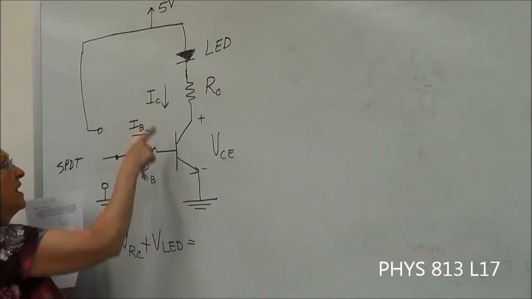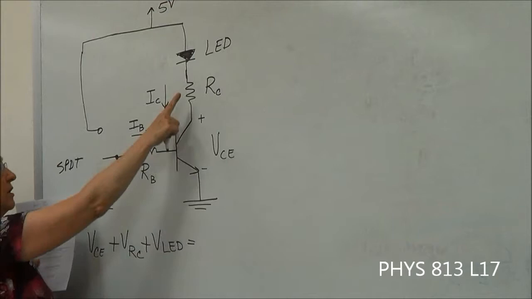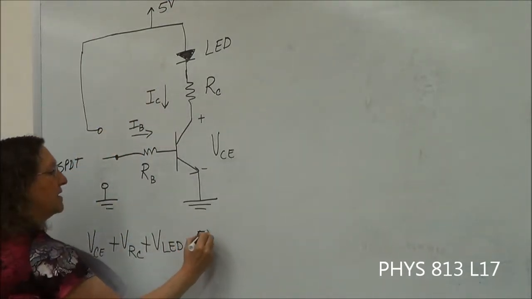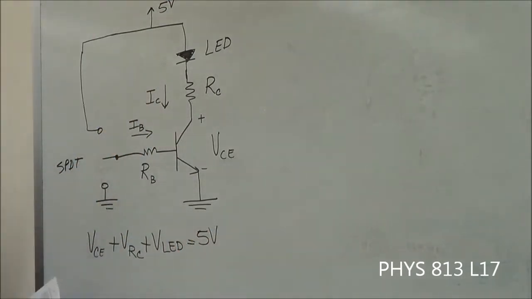So if this is ground and that's 5 volts and we went along this line, then this has to be 5 volts. Okay? So we're going to calculate the voltage across the collector resistor. VCE we're going to assume is the 0.2 volts, which it says up a little bit at the top of the page.